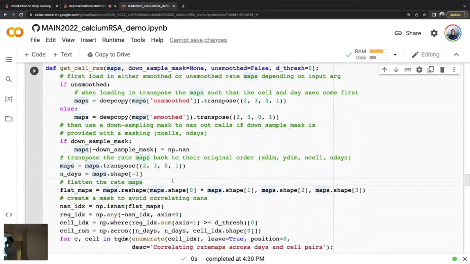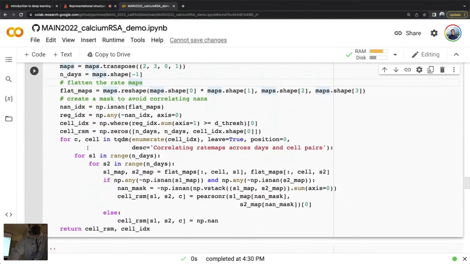And what we'll do is we'll mask out the cells that were not registered, and we'll also mask out the areas of the environments that were unvisited on the pairs of days. You can't really correlate the unvisited area with the visited area, right? And we'll iterate through the cells, cell by cell, and through the pairs of days, comparing every cell's rate map to that same cell's rate map on all the pairs of days.